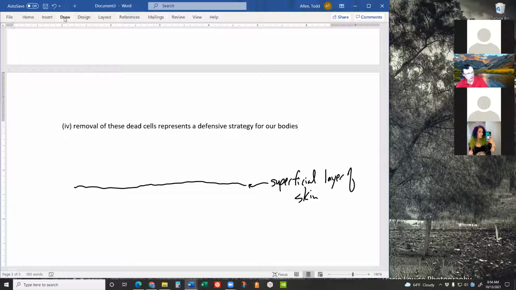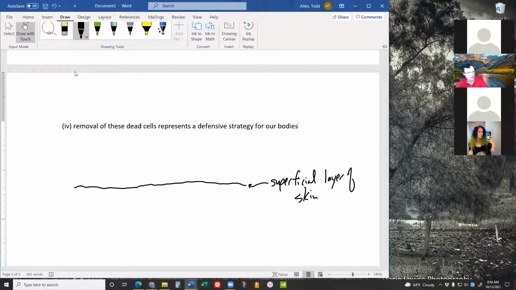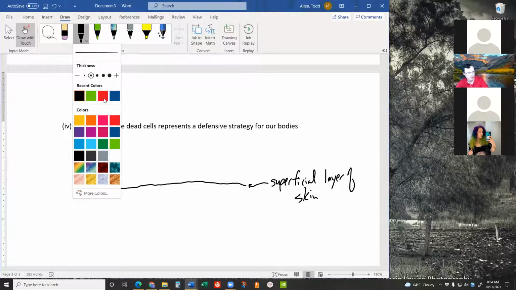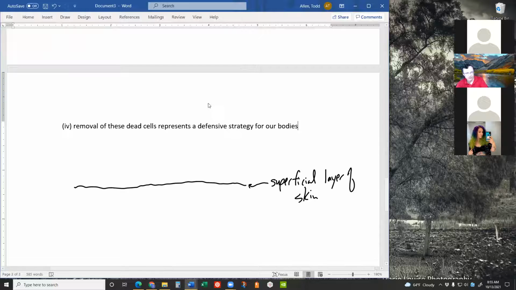And I'm just going to color code things because it makes things easier to understand when there's a little bit of color coding. So let me specifically identify this layering here as having corneocytes of the stratum corneum. Okay, so these are our dead corneocytes here. And I'm just going to make a really large corneocyte here so that you can hopefully see it a little bit better.